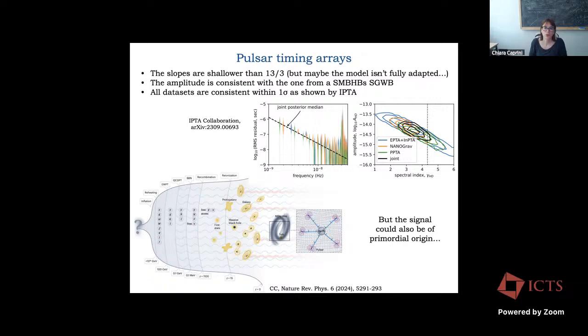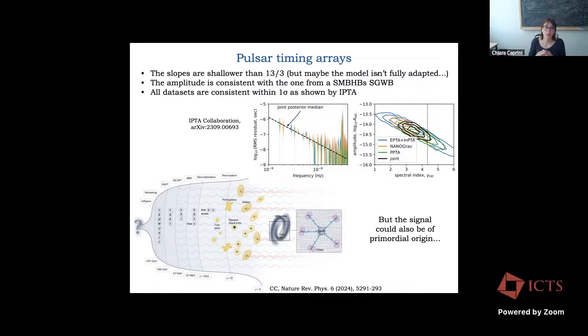Okay, so now after I have done this overview of the detection of pulsar timing arrays and the astrophysical explanation of their signal, let me now switch gear and go to what are the possible sources of gravitational wave signals from the early universe.